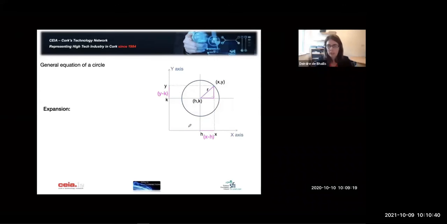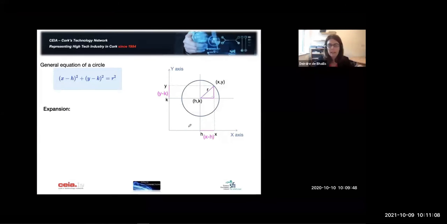So that gives us a more general equation of a circle. And that general equation still uses Pythagoras' theorem. And this time it's (x minus h) squared plus (y minus k) squared is equal to r squared. And then once we know the center and the radius of a circle, we can apply it to this equation and we can find the equation of any particular circle.